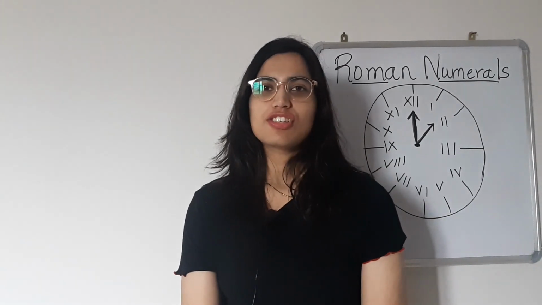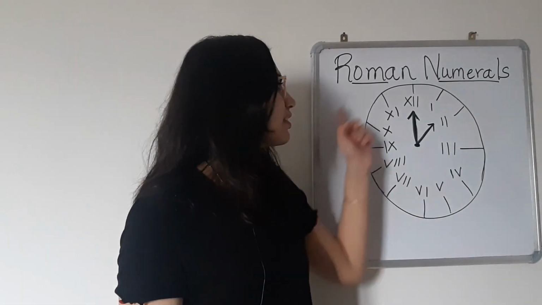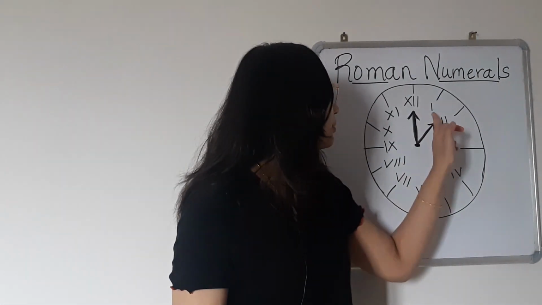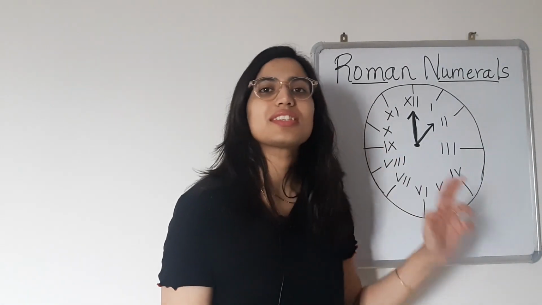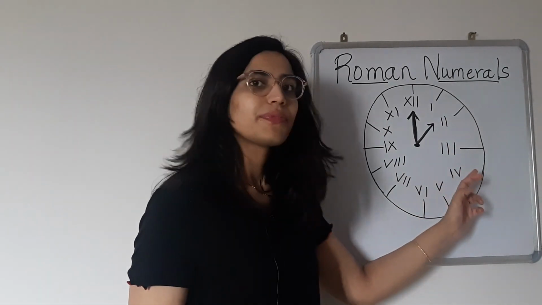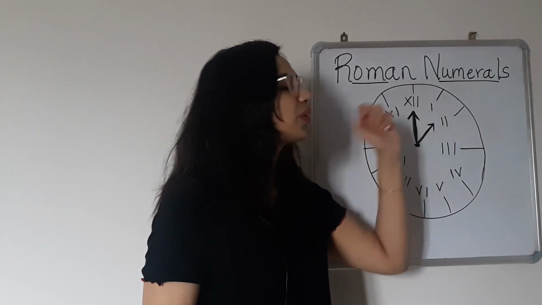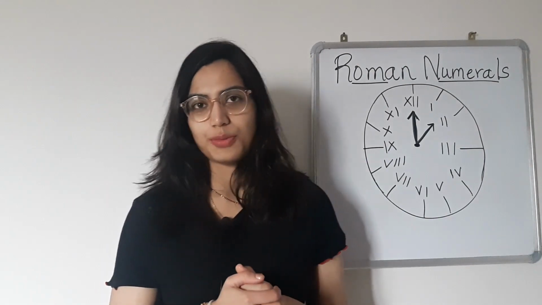We have seen the quick introduction about Roman numerals. Let's see the applications of Roman numerals in our day-to-day life. For example, you can see the clock on the board towards the left-hand side. These are nothing but Roman numerals, and we usually see them in our clocks and watches. This is 1, 2, 3, 4, 5, 6, 7, 8, 9, 10, 11, 12. In order to read a few clocks or watches, you need Roman numerals.